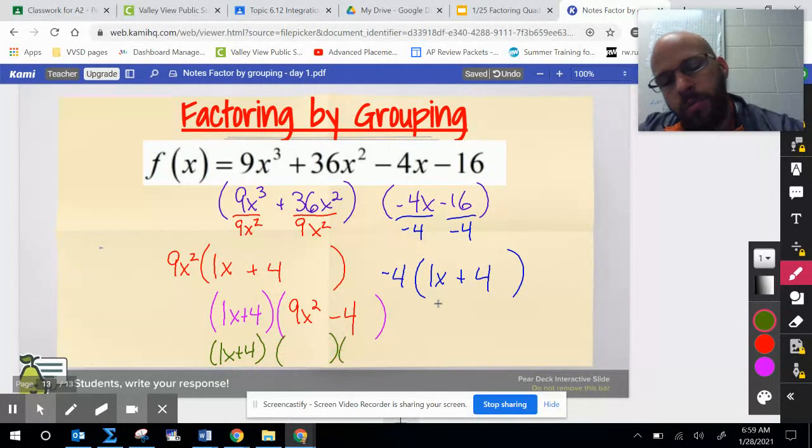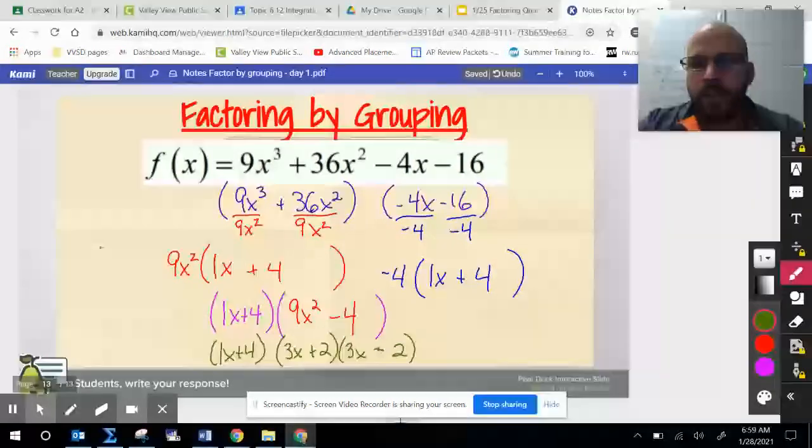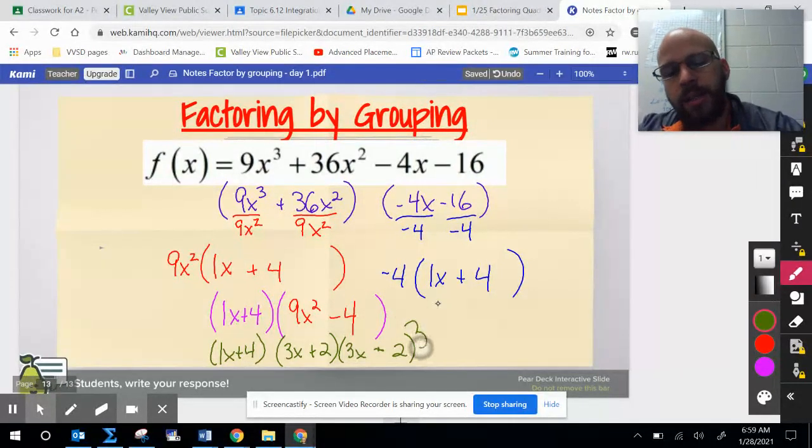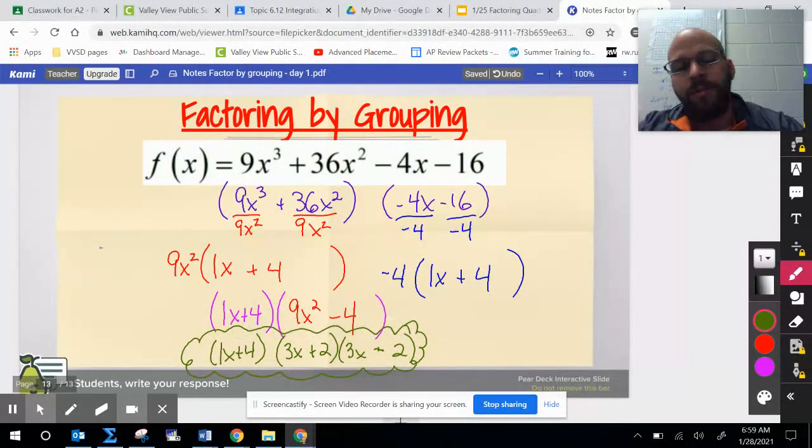You see this group that I have from the greatest common factors, the 9x squared minus 4? That is a difference of squares. 9x squared is a perfect square. 4 is a perfect square. So I would write that as 3x plus 2, 3x minus 2. Okay? And ladies and gentlemen, that would be factored completely.